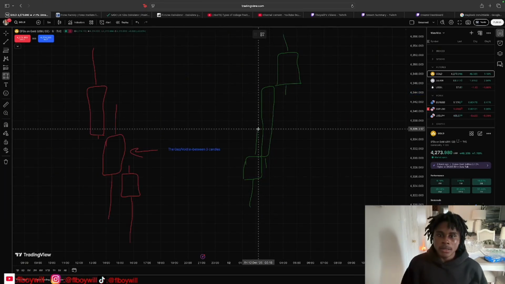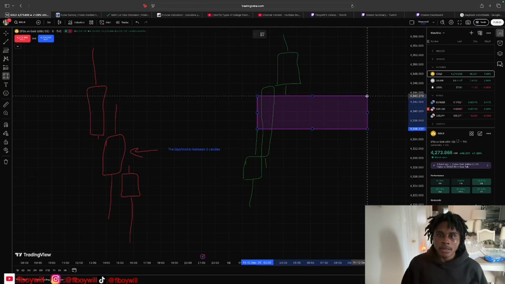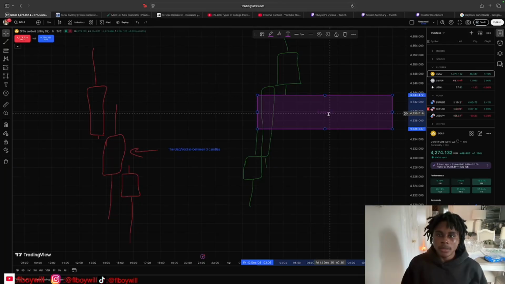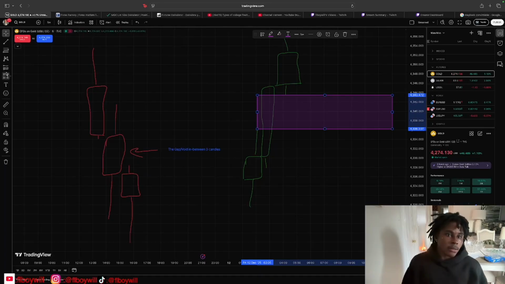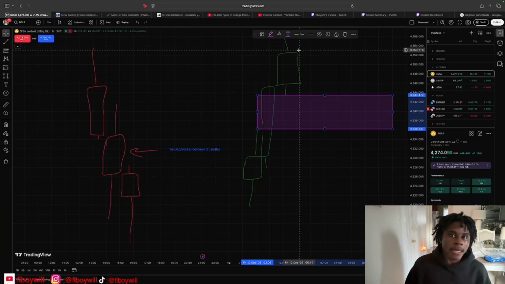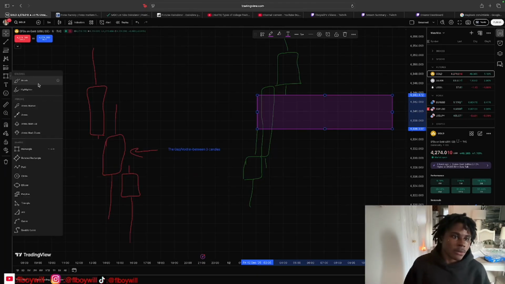So you put the top of this back candle, and then put it at the bottom of this wick. The bottom of this wick, and that's the gap right here. Usually price is going to react off this, like either go high a little bit, as I'm finna show you.